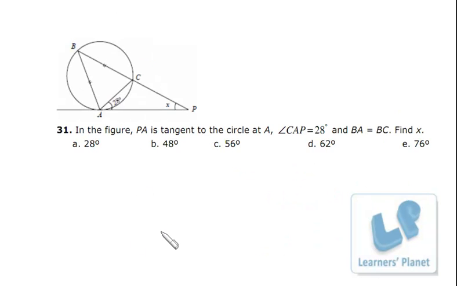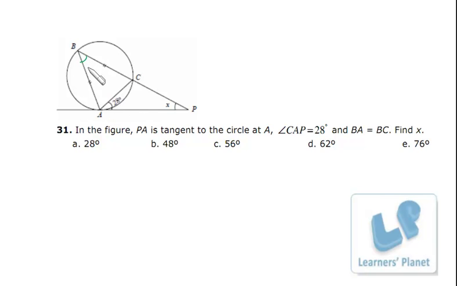In this figure, PA is tangent to the circle at A. Angle CAP is 28 degrees and BA is equal to BC, find X. Okay, first of all, this angle will be equal to this angle. Why? Because angles in alternate segments are equal, right? This is the point of contact of the tangent, and from this chord, whatever angle is made over here will be equal to the angle in the alternate segment, right?